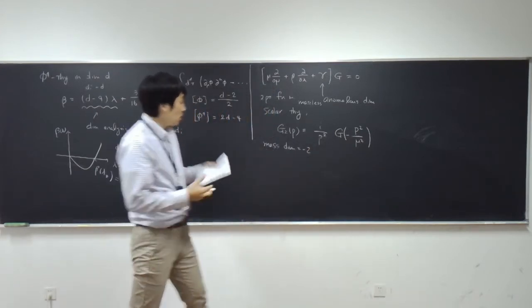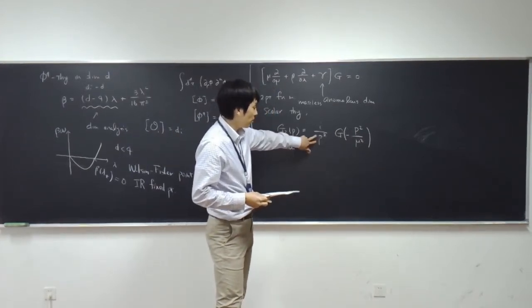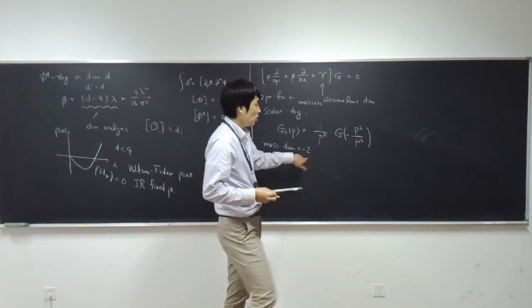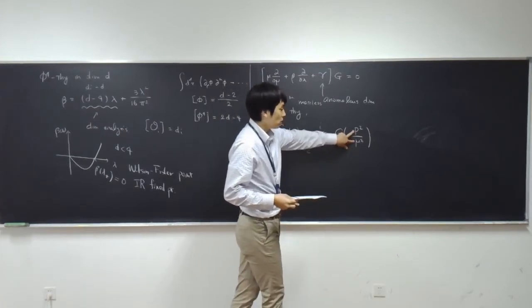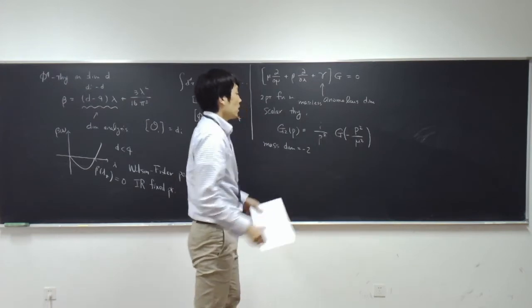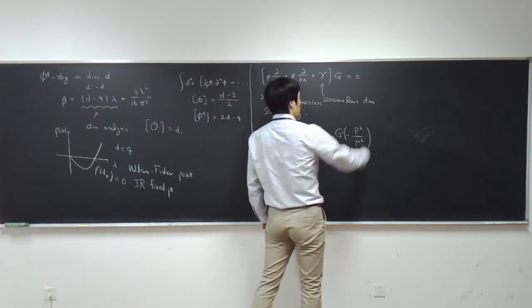This part gives mass dimension minus 2, and if you take the ratio, it is dimensionless, so you can have some arbitrary function, let's use small g.